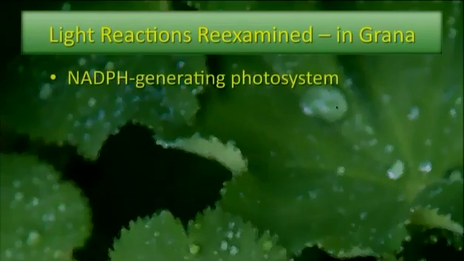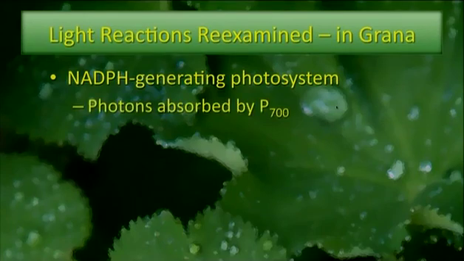Now, the NADPH generating photosystem is photosystem 1. Remember, photosystem 2 comes before photosystem 1, and photosystem 2 is the water splitting photosystem. So photosystem 1 is the NADPH generating photosystem. In photosystem 1, the photons are absorbed and ricochet from one pigment molecule to another until they reach P700, where they're absorbed.